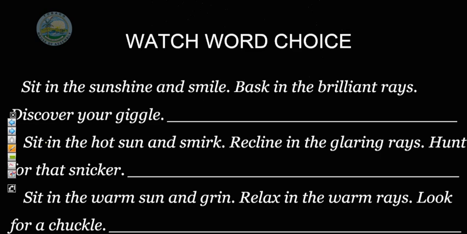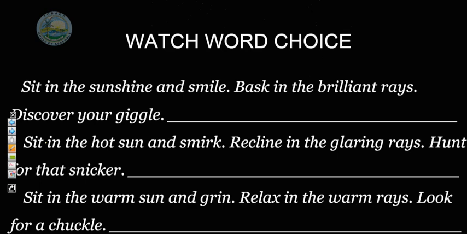In each case, all three examples, they're talking about sitting in the sunshine with a smile of some sort on your face, laying back, letting the rays of the sun really soothe your body, and then be able to laugh or giggle or smile. All three sentences have the same idea, but all three of them use different words. And in each case, the word choice would generate a different tone.